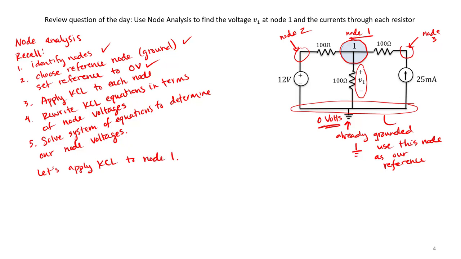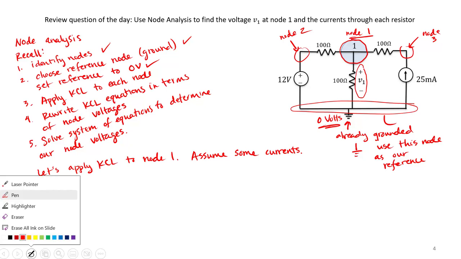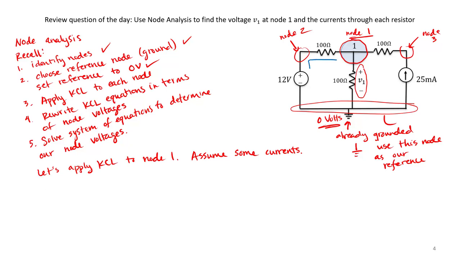And in this case, I'm going to assume some currents. I'm going to assume that current I1 flows from the 12-volt source to node 1.